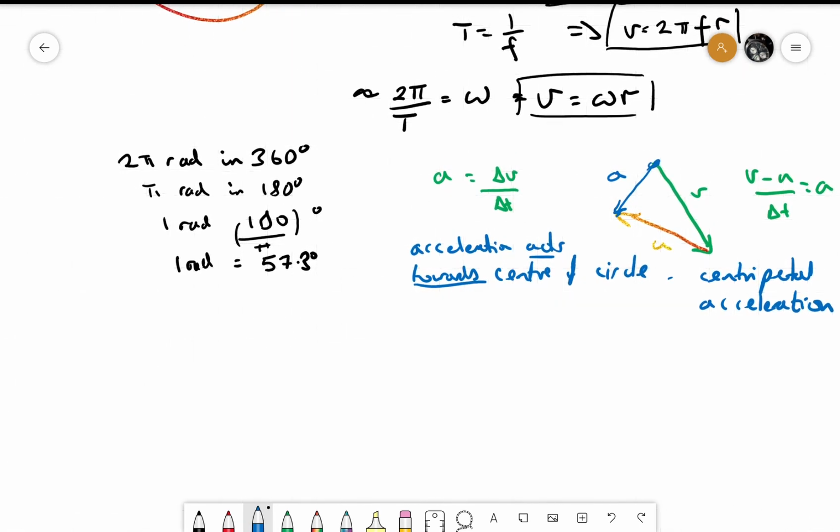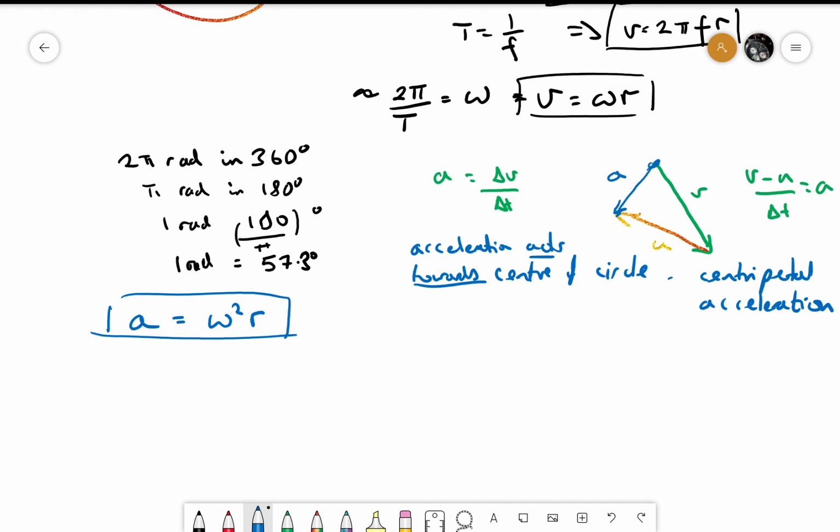So there's only one more thing to do then, which is, if we have a centripetal acceleration, then we need to know how to work that out. And you'll derive this equation in year 13 when you do oscillations with your other teacher. But there is our second equation here. Well, one of many, which is key.